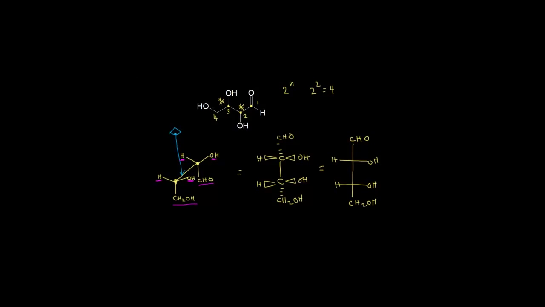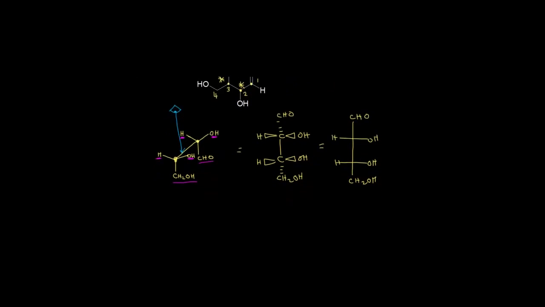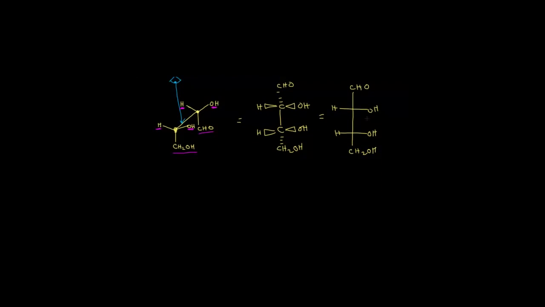Let's go ahead and redraw the one we just drew, and let's get the other 3 to get our total of 4 on here. So I'm going to take the one that I just drew on the right, and redraw it a little bit smaller so everything will fit in here. So this is one possible stereoisomer. I have my OHs on the right, I have my hydrogens, I have my CHO, I have my CH2OH.